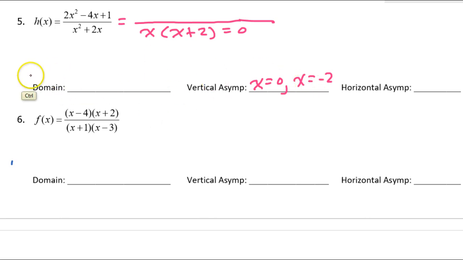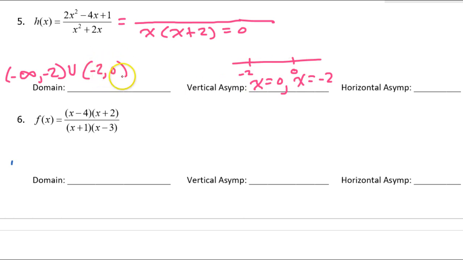Okay, so that means the domain is going to be, now I got to be careful because as far as the order goes, on a number line, it goes -2 first and then 0. So be careful with your domain. So it's going to be -infinity to -2, because that's the one you get to first, union, negative 2 to 0, as we go between the asymptotes, union 0 to infinity. That's the domain.